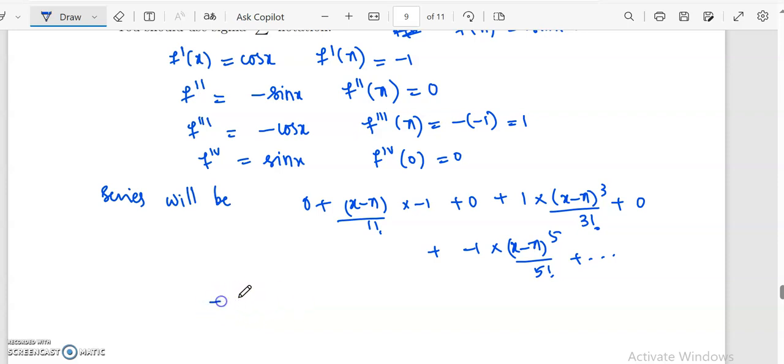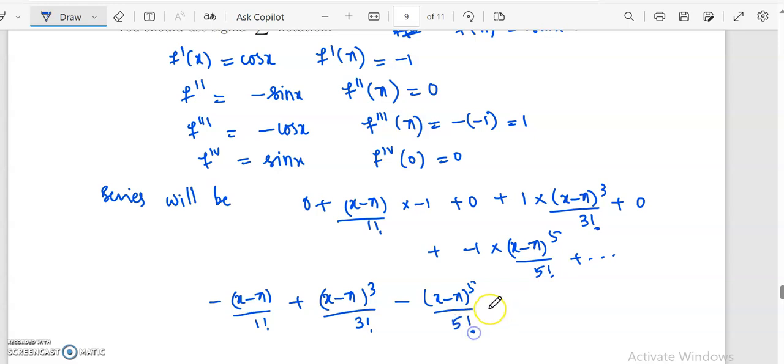So we will have minus x minus pi by 1 factorial, plus x minus pi whole cube by 3 factorial, minus x minus pi whole raised to 5 by 5 factorial plus etc.